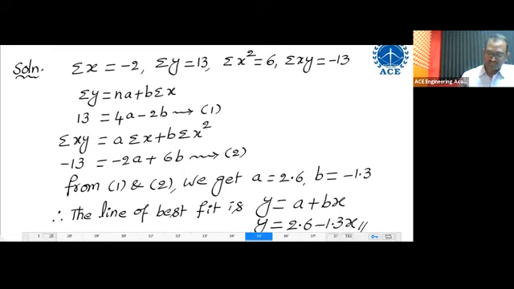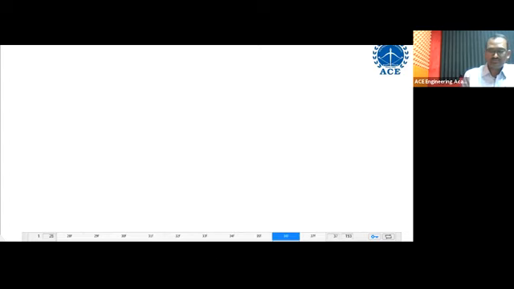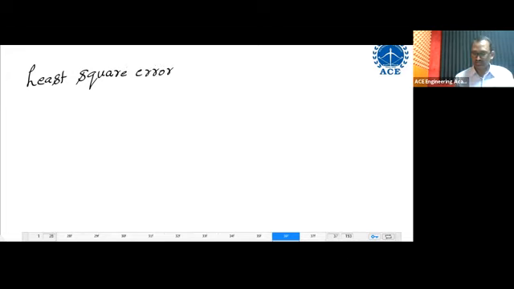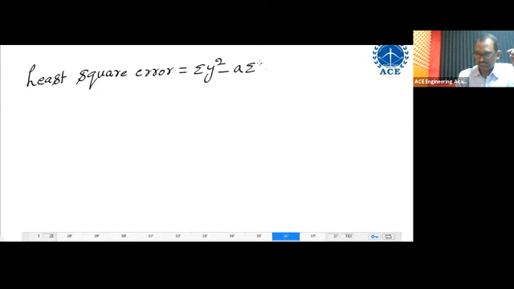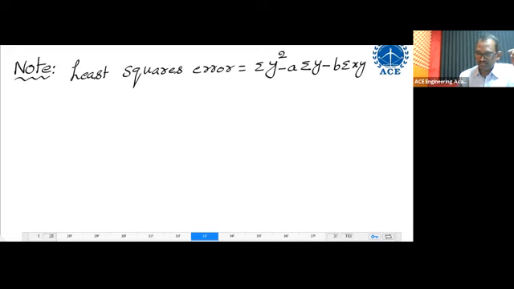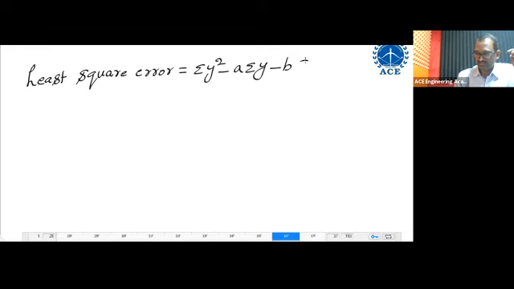Next, we were asked to find the least square error also. What is the least square error formula? Sigma y square minus a sigma y minus b sigma xy.